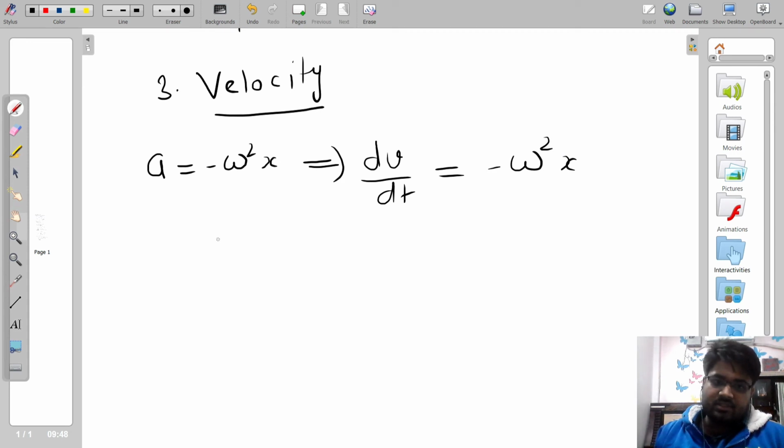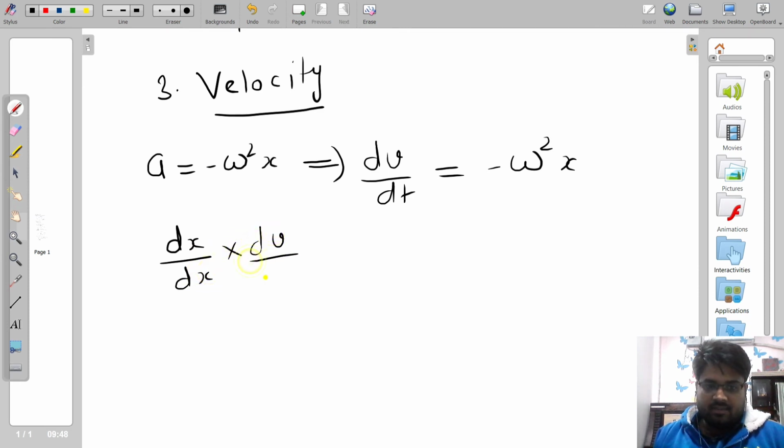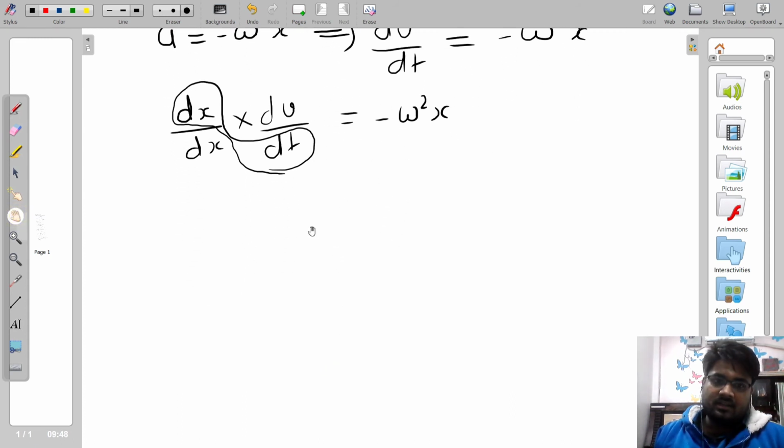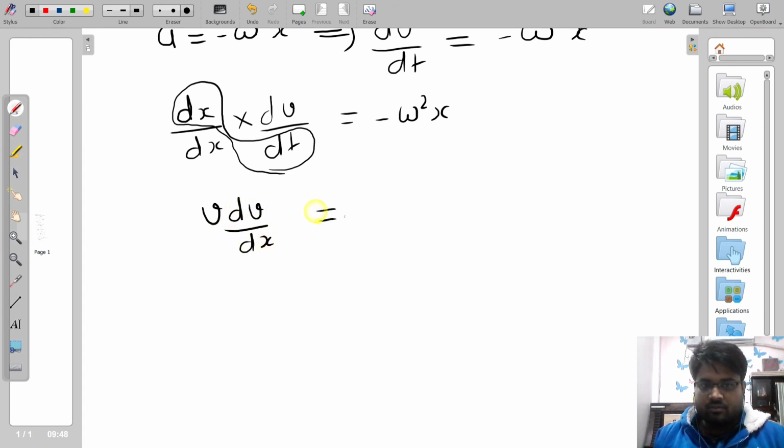When we multiply and divide this equation by dx, we can replace dx by dt with v and write in a fresh way v dv by dx is equal to minus omega square x.